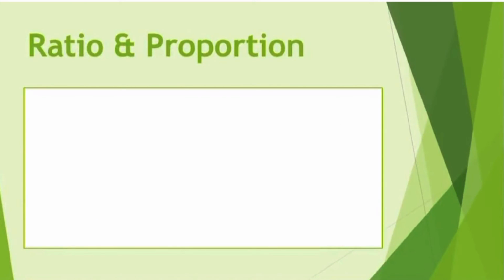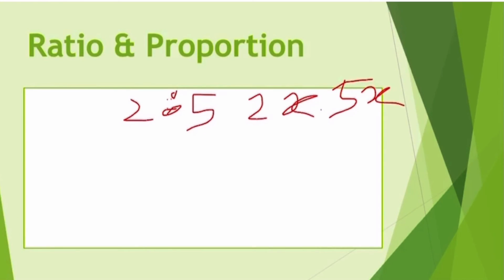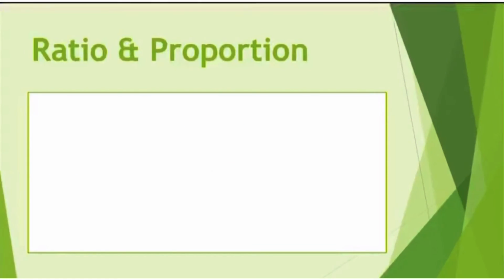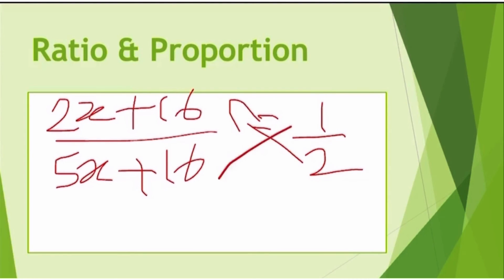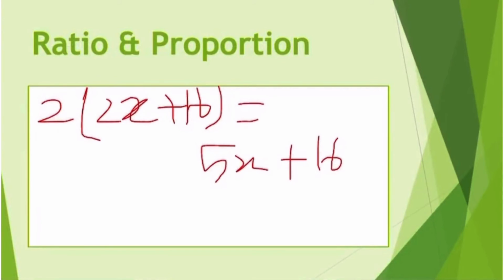The numbers are in the ratio 2:5. Let the numbers be 2x and 5x. If 16 is added to these numbers, then the ratio becomes 1:2. So we can write it as 2x plus 16 divided by 5x plus 16 is equal to 1/2. Now we can cross multiply. When we cross multiply, it will be 2 into 2x plus 16 and 1 into 5x plus 16.